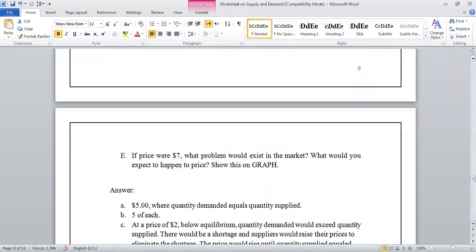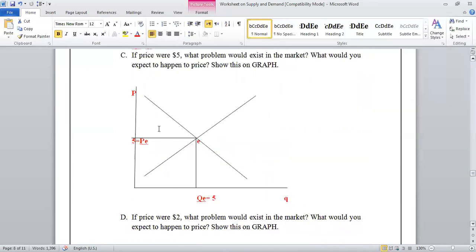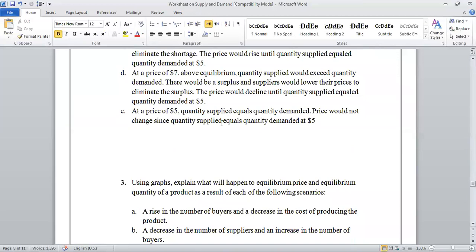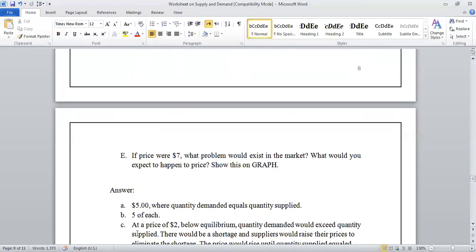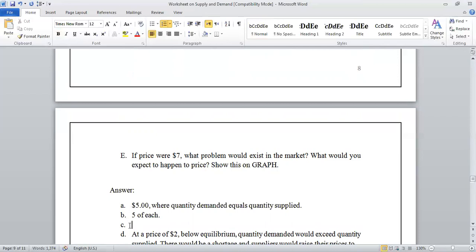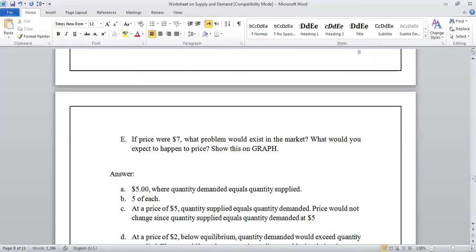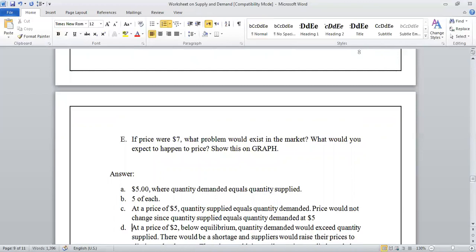And I don't want to waste your time graphing this, but you should be able to graph it at home. Go back to your notes for the shortage and surplus. The answer is right here. Okay, this is actually for, we'll make this C. Okay, this is D. Okay, so at the price of 2, you are below equilibrium.